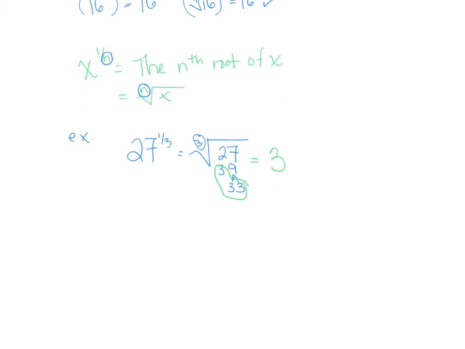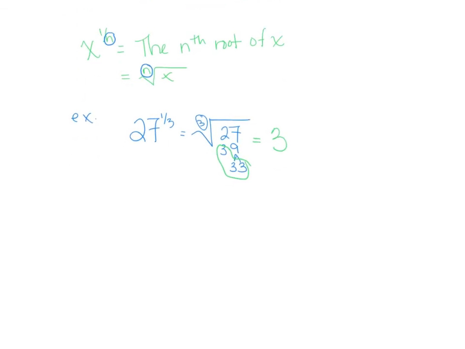What about something a little bit more complicated? For example, if we have something like 4 to the 3/2 power, this is really saying that we want to do a cube and a square root, and you can really do it in any order. So you could write the square root of 4, that's for the bottom part. Really, you could write a 2 there, but we don't normally do that.